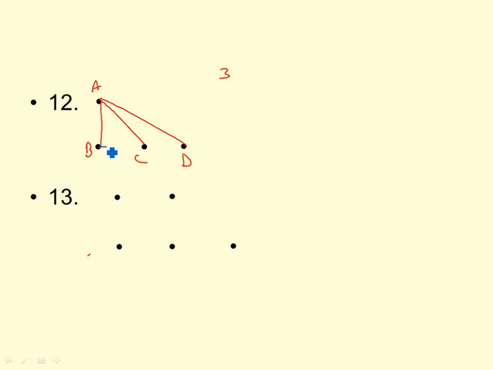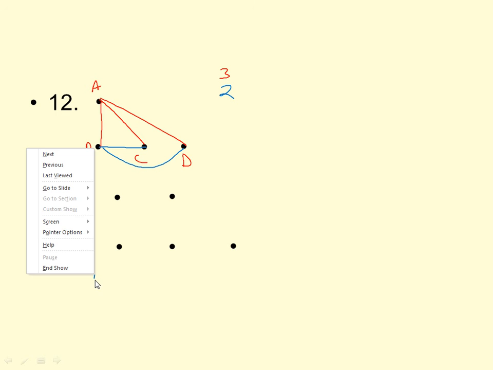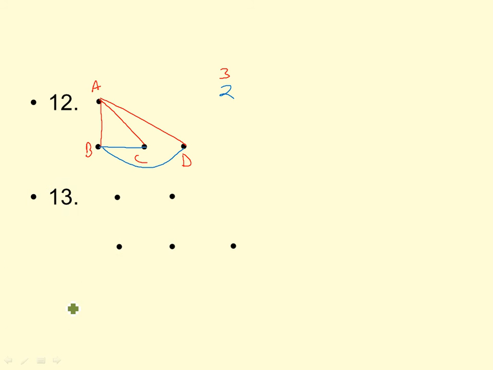B, we still gotta connect to C, and we still gotta connect it to D, so that's 2 more. And then you still gotta connect C to D, so that's 1 more. So the answer to number 12 was 6.